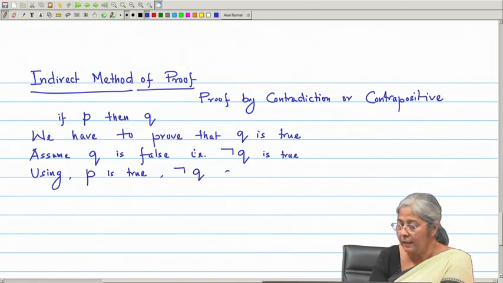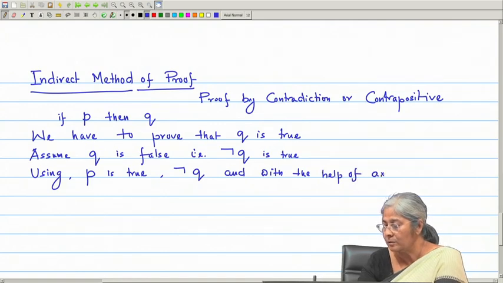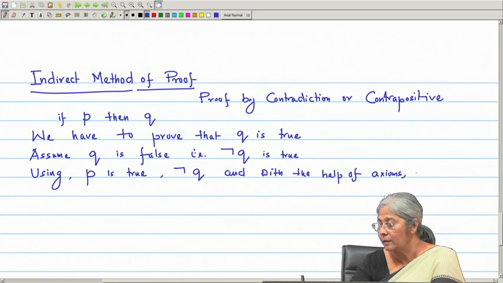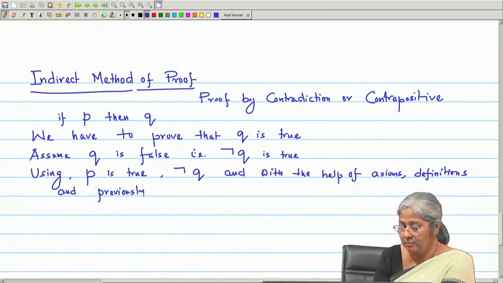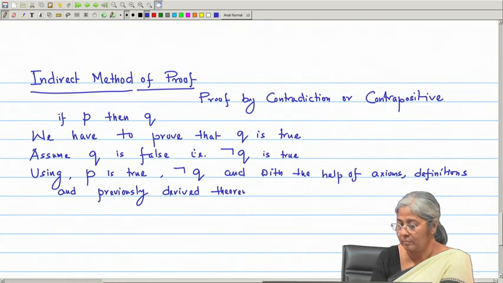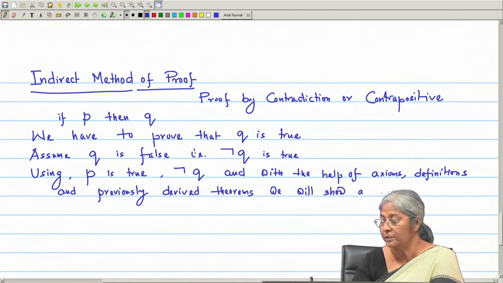and with the help of axioms, definitions, and previously derived theorems, we will show a contradiction.